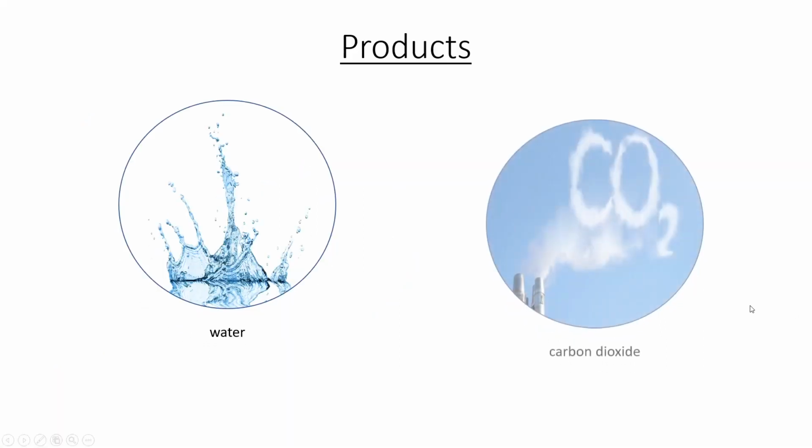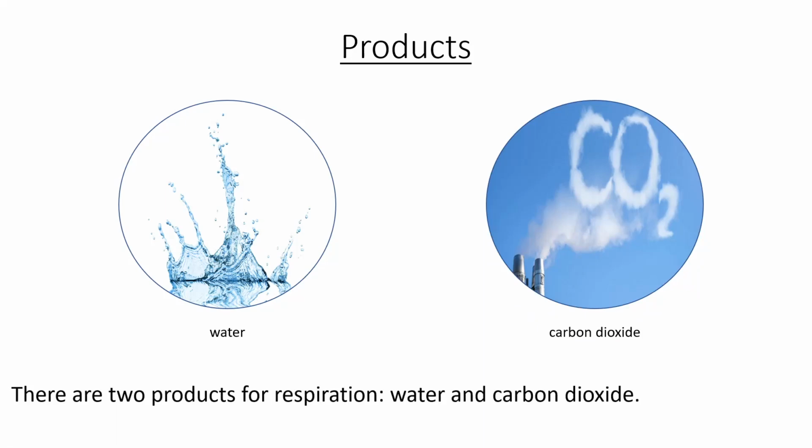For respiration, we've got water and carbon dioxide as the major products. As I said, we use this water for digestion. We use it when we're sweating. We need to constantly replenish this water because it does get used up in a lot of other chemical reactions within the body. But like I said, it produces water and carbon dioxide. Of course, the energy is the main thing that it produces there.